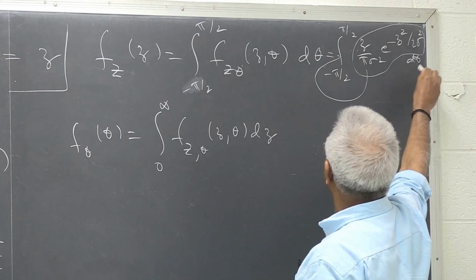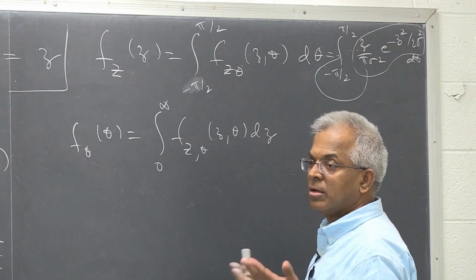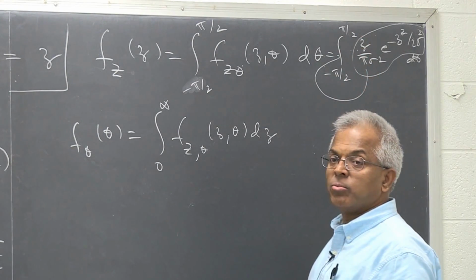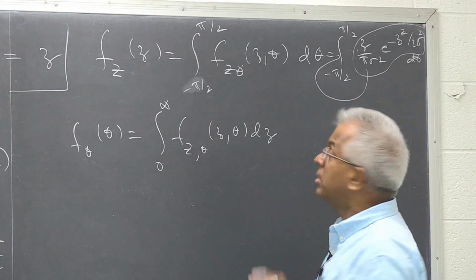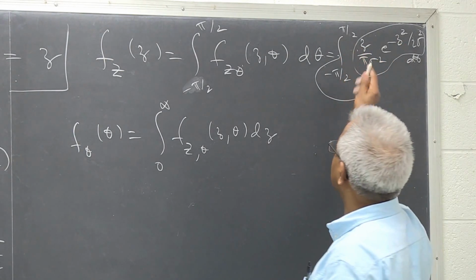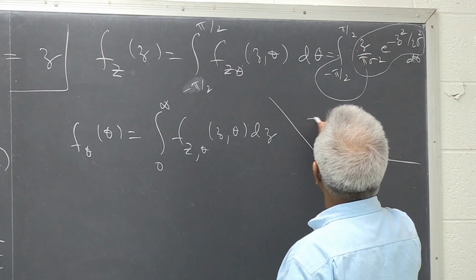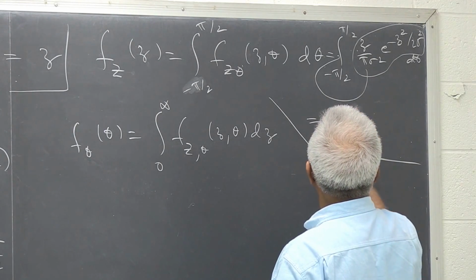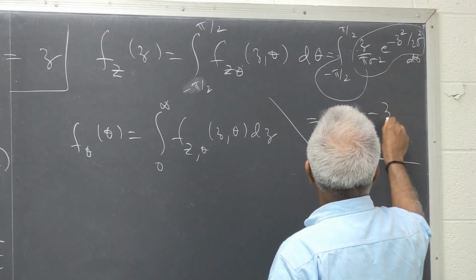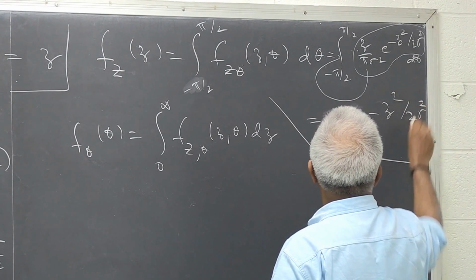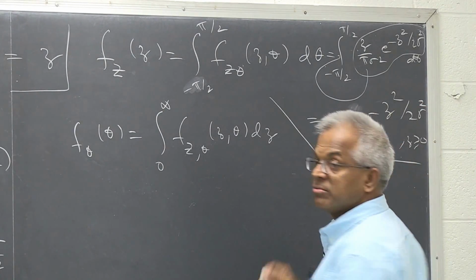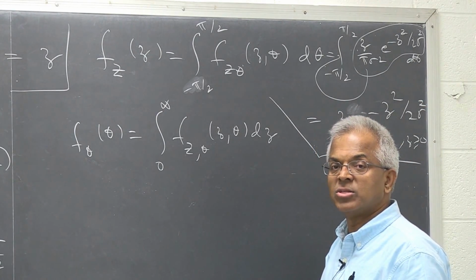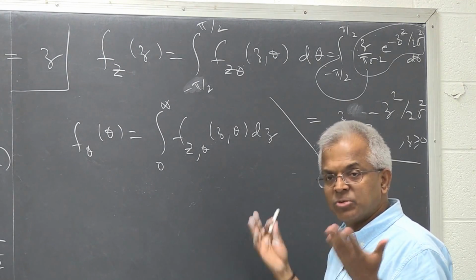So the integral is simply d theta, top limit minus bottom limit. What do you get? Pi. Pi cancels. So do you see that the answer is z over sigma squared e raised to minus z squared over 2 sigma squared for z positive, right? What is this one? Rayleigh, which we had before.